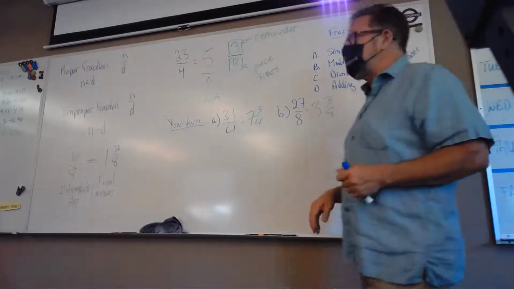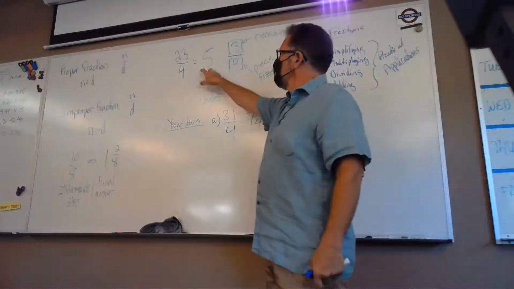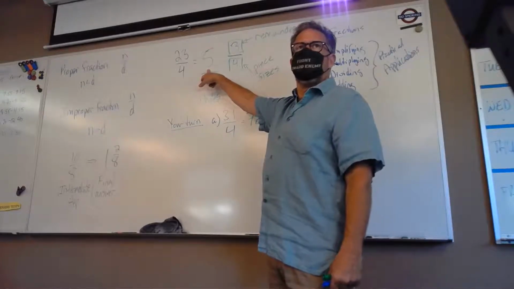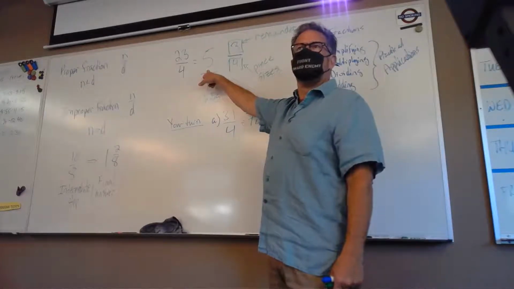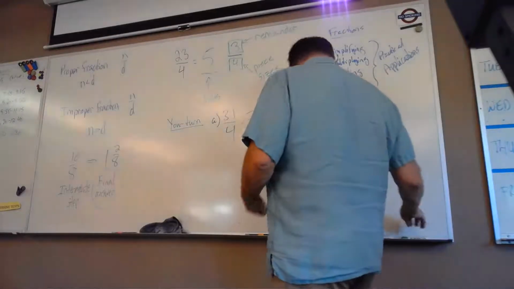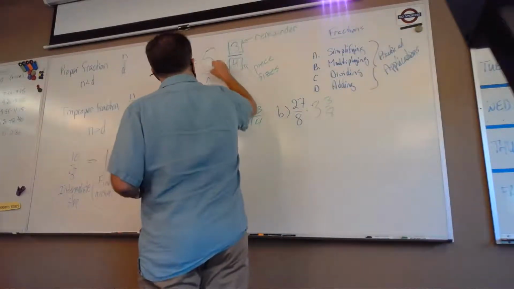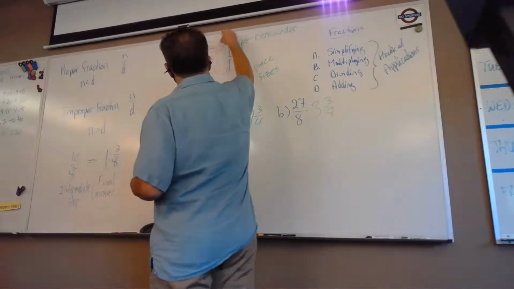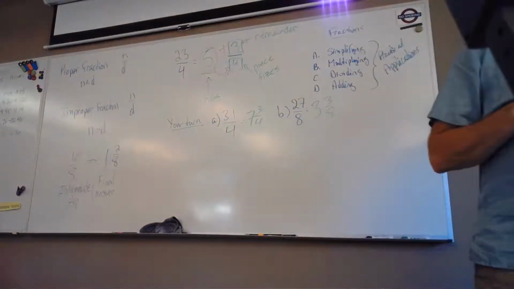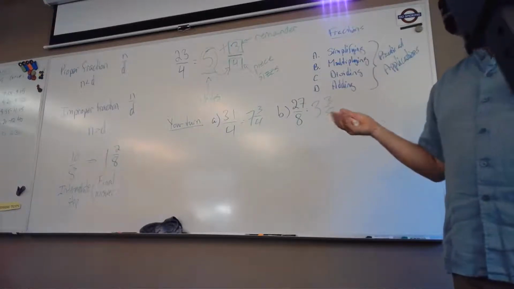So now let's talk about going back the other direction. 5 wholes. But how big were our pieces? 4s. Which means that I have 5 4s plus the remainder. 5 times 4 was 20, plus the remainder was 23.